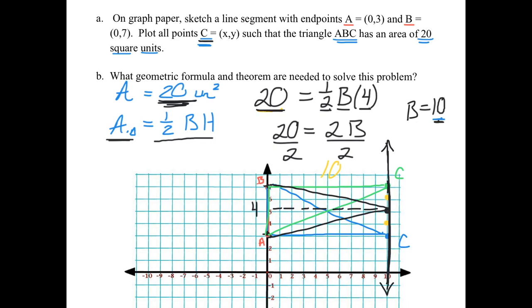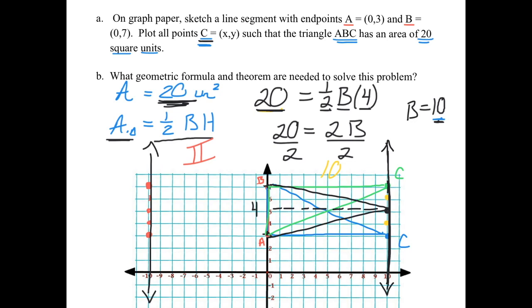Now, that's only half of it, because technically I could put C over here inside the second quadrant. I could reflect it over and have C here at negative 10, 3, or C here at negative 10, 7, or anywhere in the middle, or technically any of the points along this vertical line.